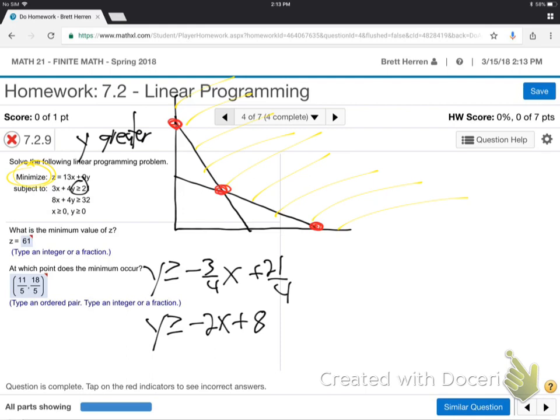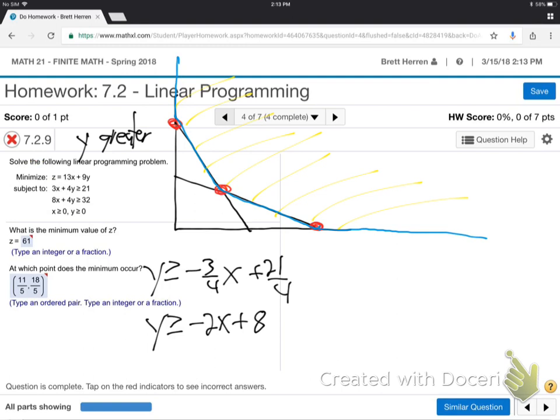Look, I've got this shape here. See how those three red parts are the corners of that shape. So I have to find those coordinates now and plug them into the z function and take the minimum, the lowest. That's the game plan.